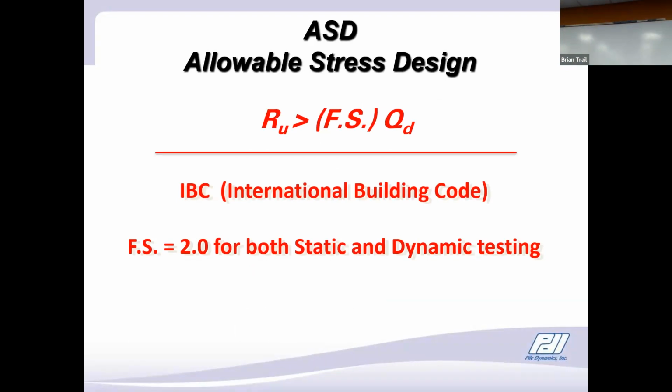We have that the resistance has to be greater than the factor of safety times the applied load. And the International Building Code has put that in there starting in the year 2000, that we use a safety factor of 2, and whether you use a dynamic test or a static test, a factor of 2 is what is being used.